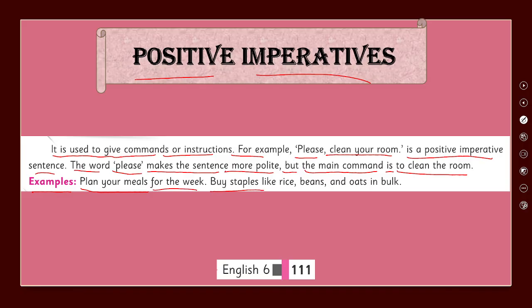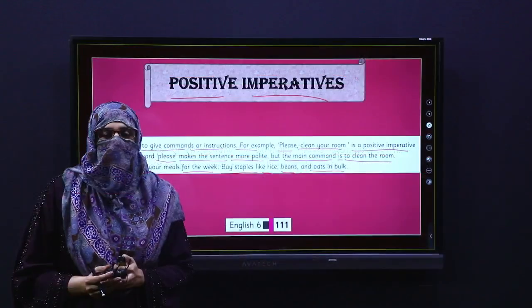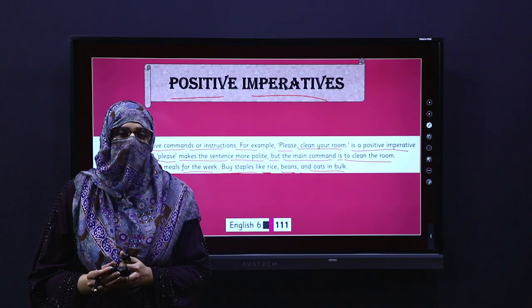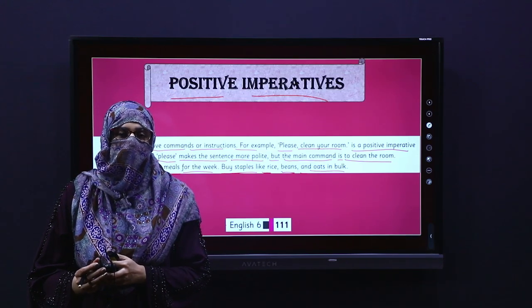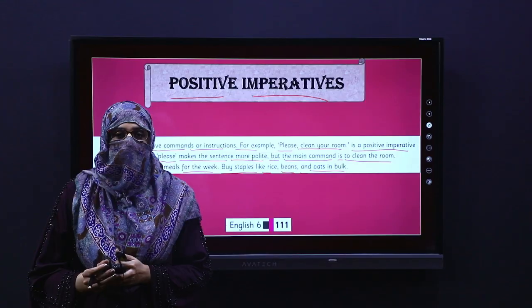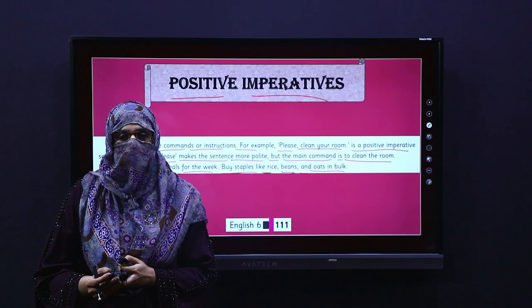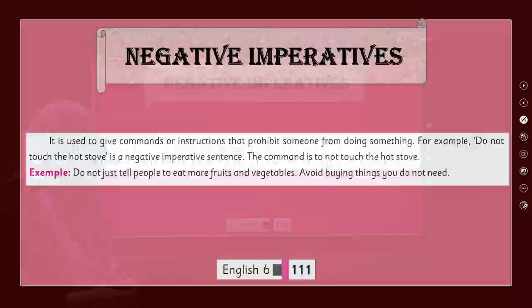Buy staples like rice, beans and oats in bulk. So, in all these sentences, you can see these are all the positive imperative sentences because polite language is being used. Now let's learn about negative imperatives.